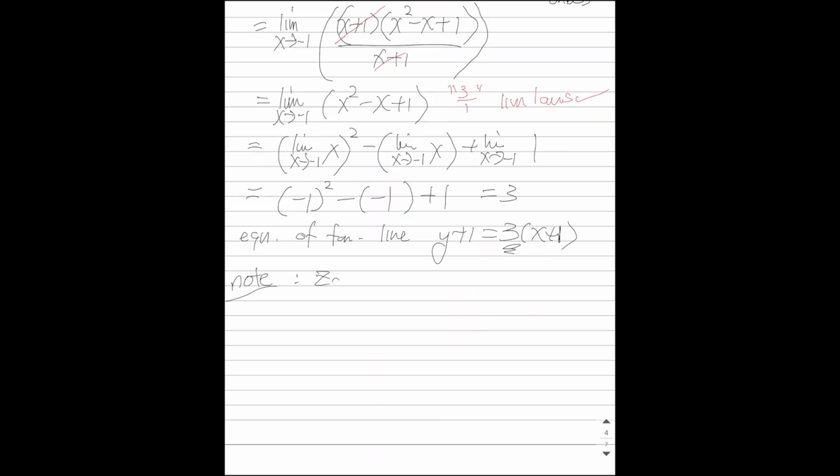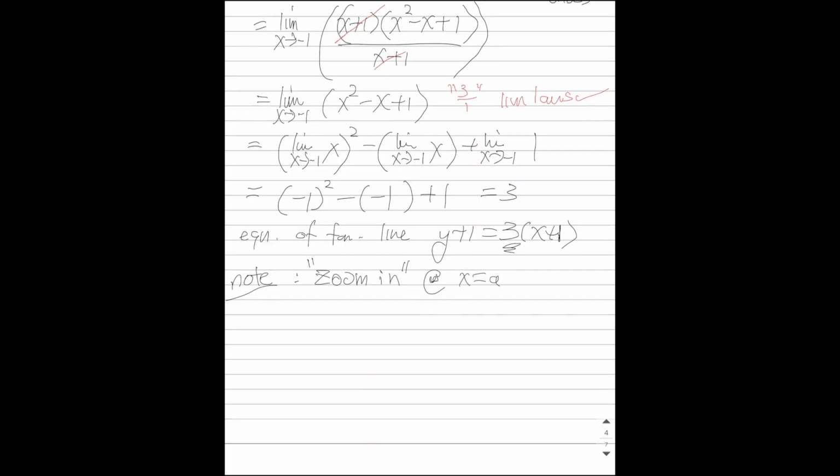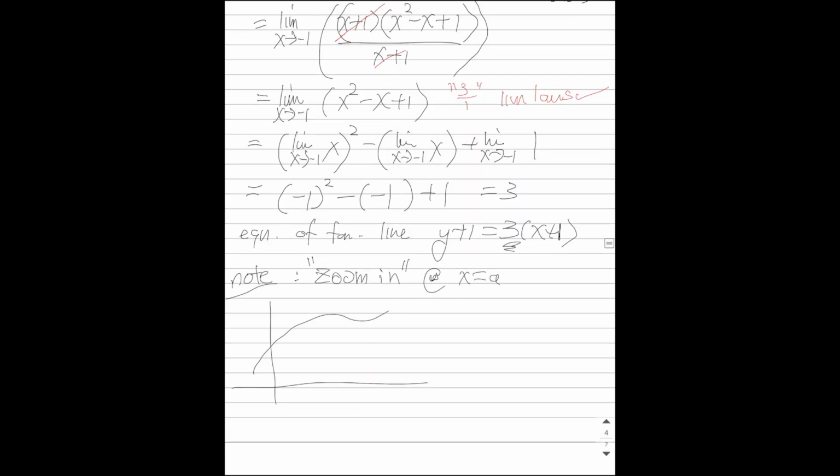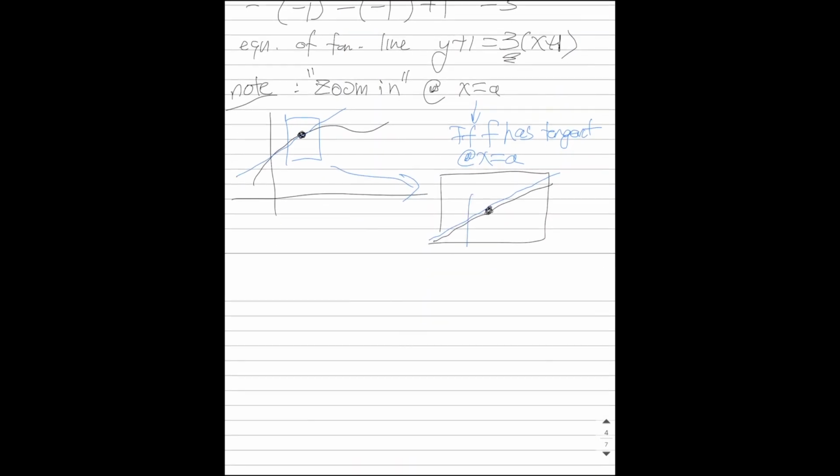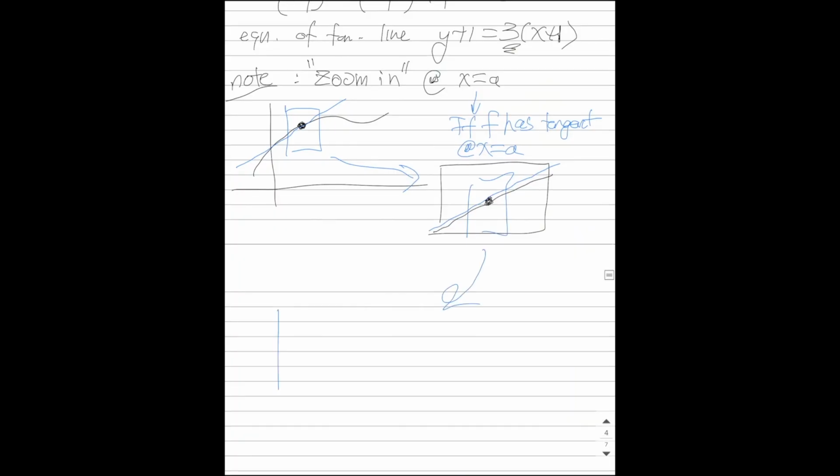Now, one last note here when we're talking about the tangent line. If we were to take our function and zoom in at the point x equals a, and it has a tangent line at x equals a, when I start looking closer and closer at that function at the point, what you're going to notice is that the closer I zoom in, the less and less I notice the curviness of that graph.